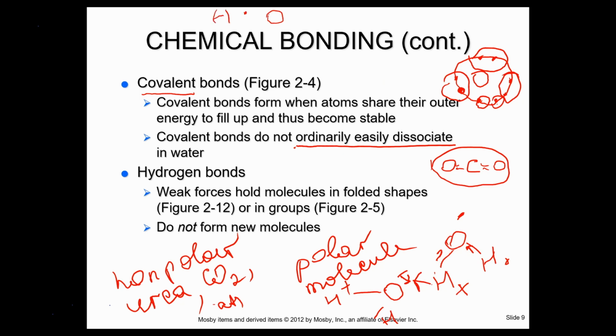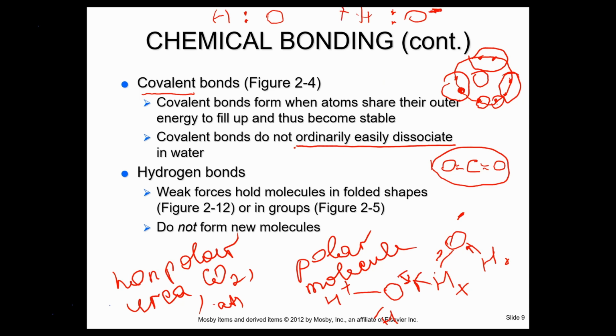You would think that the electron should be exactly in the middle, but in this case, it's not the case. The electrons are closer to the oxygen. And that's why you have this uneven charge, because now oxygen becomes negatively charged and hydrogen positively charged.